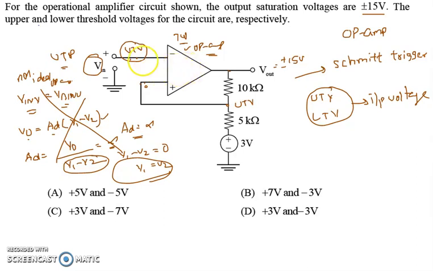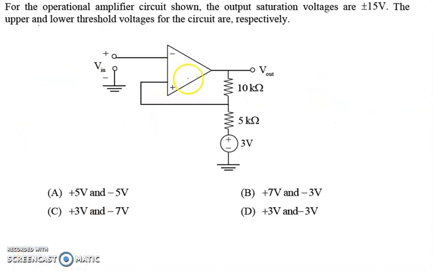Ideal operational amplifier means that if the voltage here is UTV, then here also the voltage is maintained at UTV. If here the voltage is LTV, the lower threshold voltage, then here also the voltage is the lower threshold voltage. Coming to the Schmitt trigger, the concept is that if V0 is equal to plus Vsat, then the input voltage is at the upper triggering voltage.